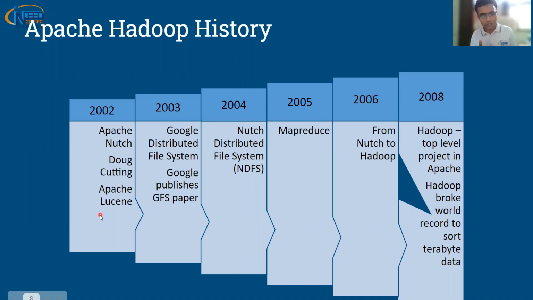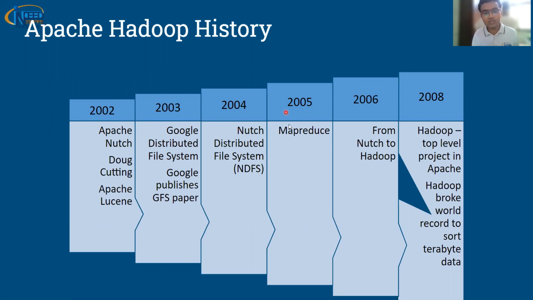In 2003, they got motivation from the Google Distributed File System. Like we have Google Drive, right? At the back end, how does Google manage the data? They have GFS, the Google File System. From that, the motivation was taken. It was a white paper which they read, and they designed the Nutch Distributed File System, NDFS.